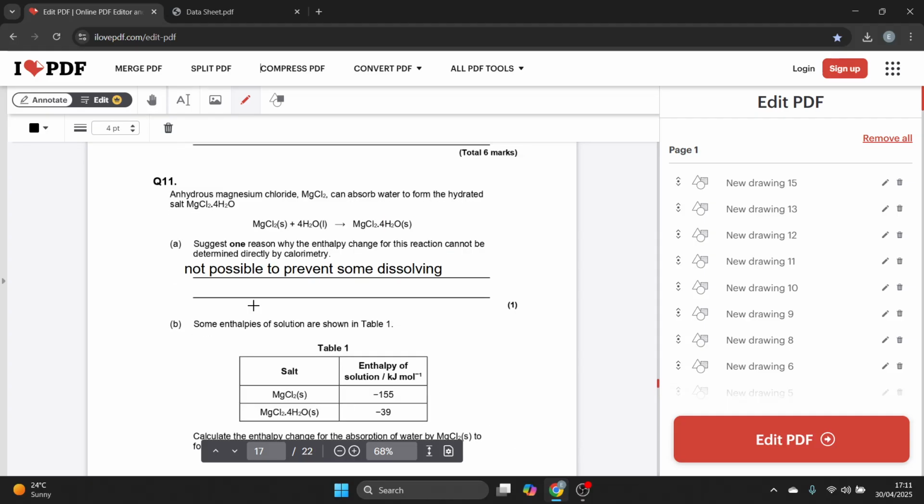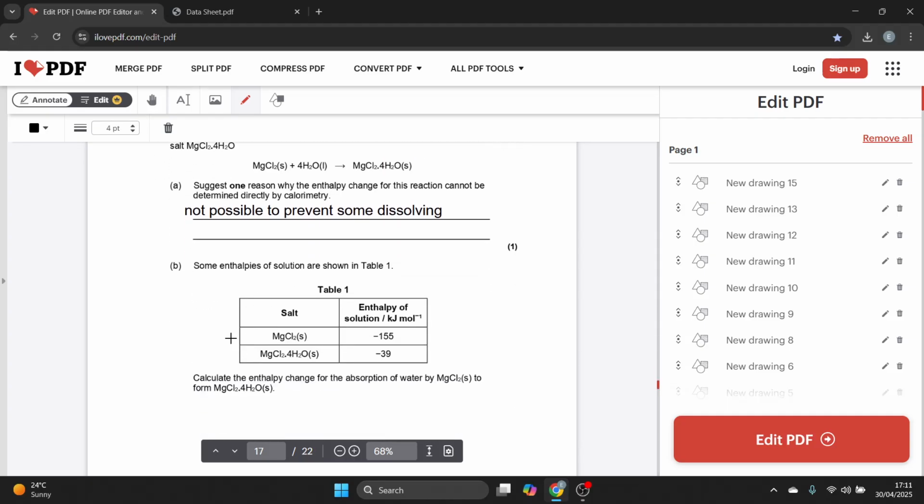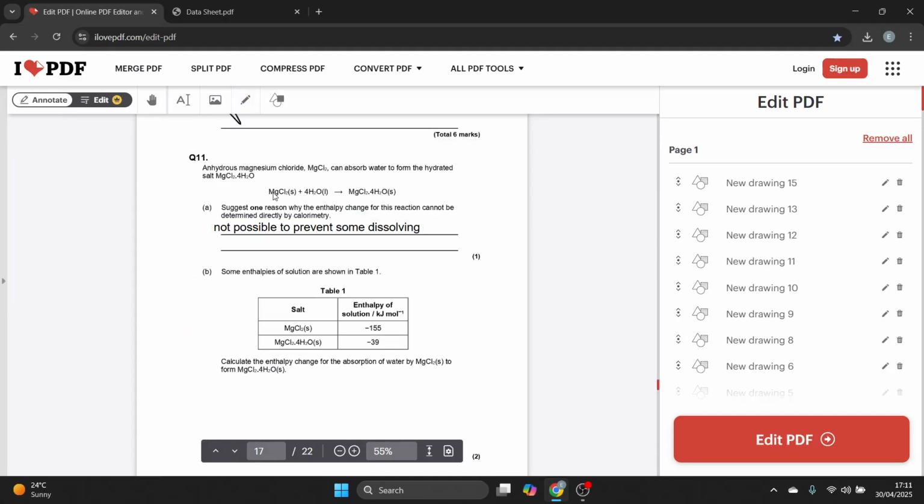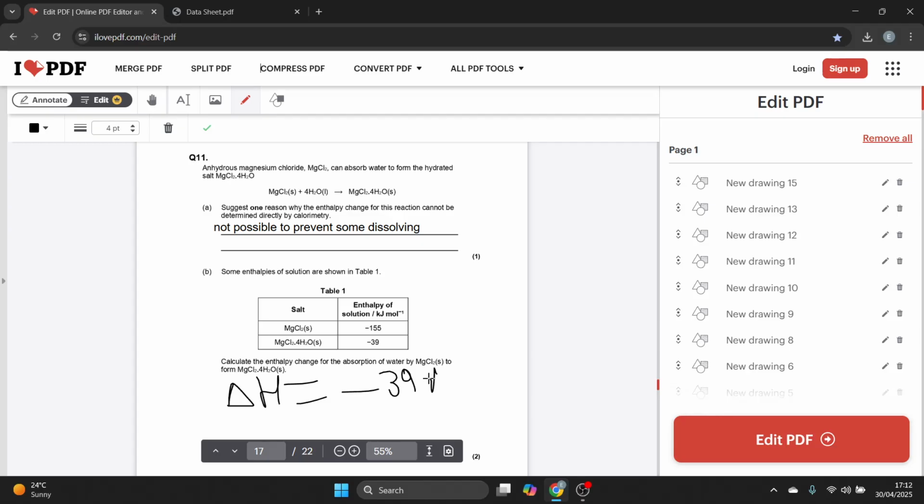Well, delta H is, let me just read this question again. Obviously it's 2 marks, it can't be difficult. Delta H is going to be, okay, calculate enthalpy change. So delta H equals minus 39, plus, no, sorry, minus 39 minus 155.